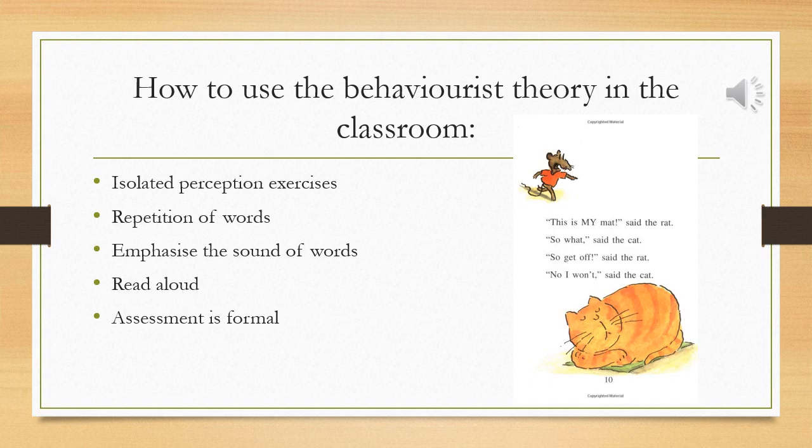Learners should be taught individual words and then have their vocabulary slowly increase. Using repetition of the same word allows learners to develop word recognition. Then, assessments are usually standardized reading tests and are formal.